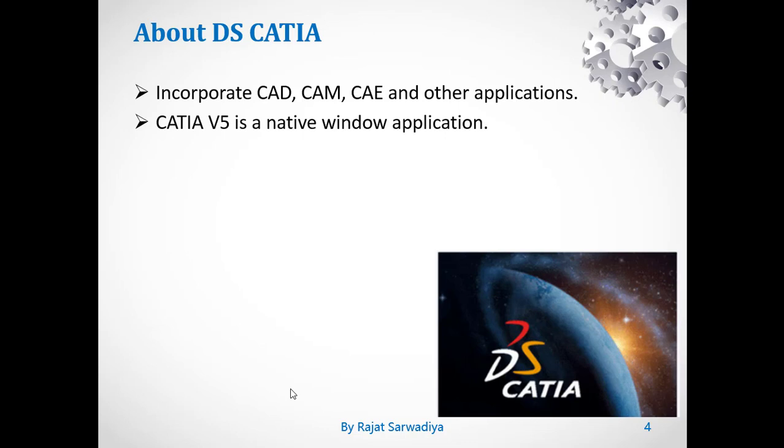They have also launched CATIA V56, which is a hybrid version of CATIA V5 and CATIA V6. In CATIA V56 as well, there are many releases available. We will use one of the CATIA V5 releases during our training.